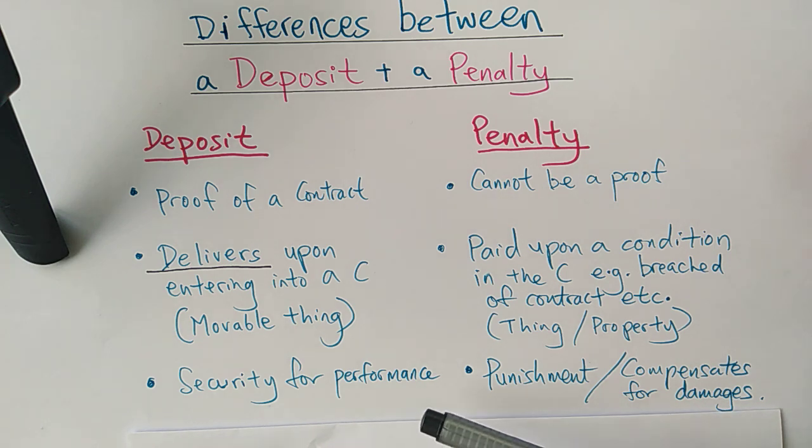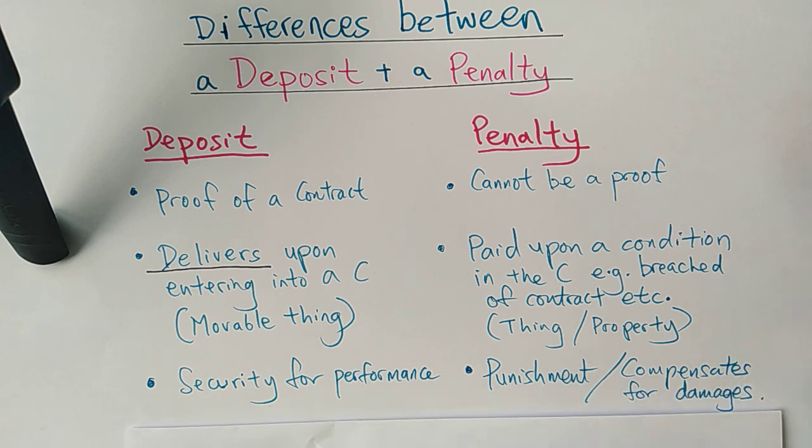If the purchaser is the one who places the deposit, the purchaser is giving the guarantee that the purchaser will buy. So it's securing the performance. Because if the party who placed the deposit did not perform, then the deposit will be seized, will be taken. So it acts as a security.